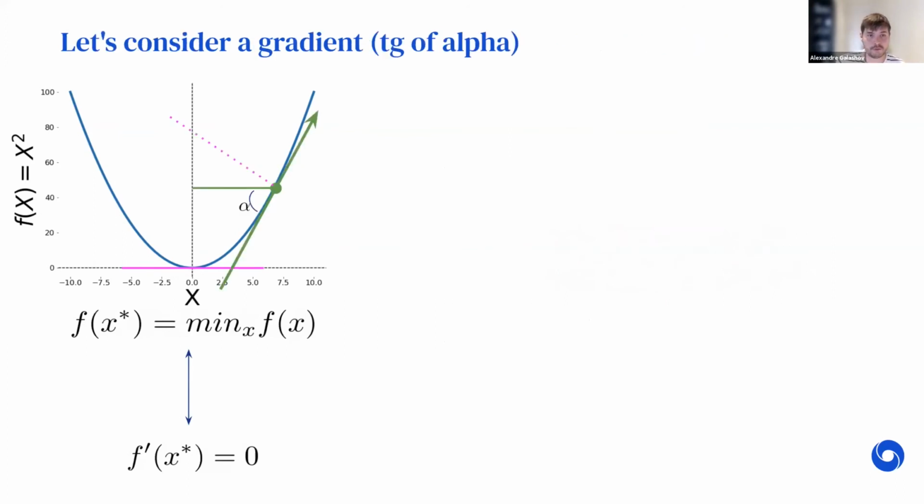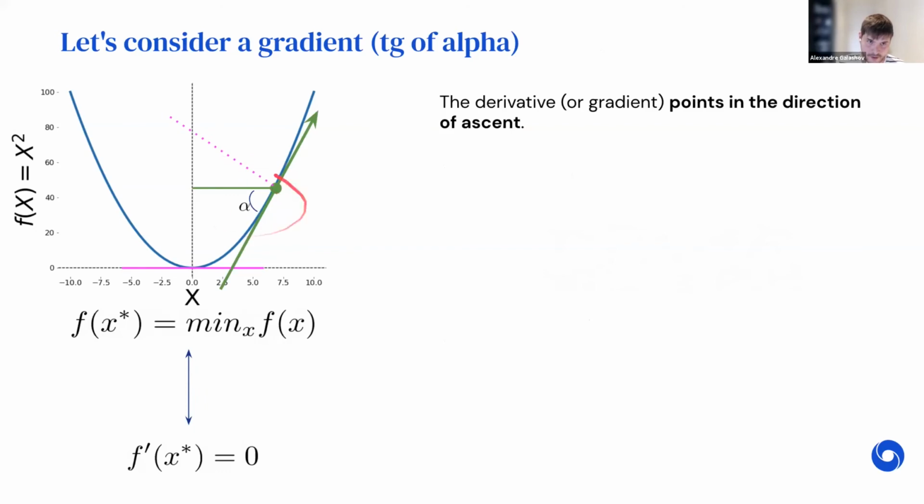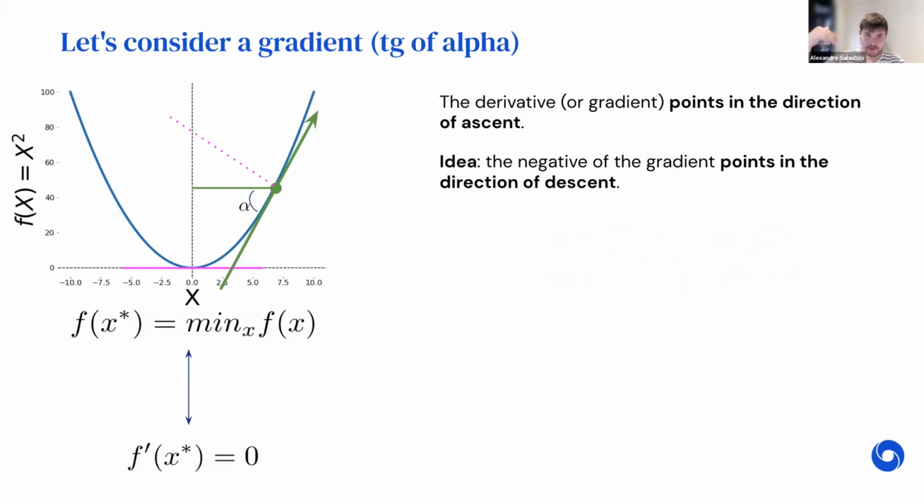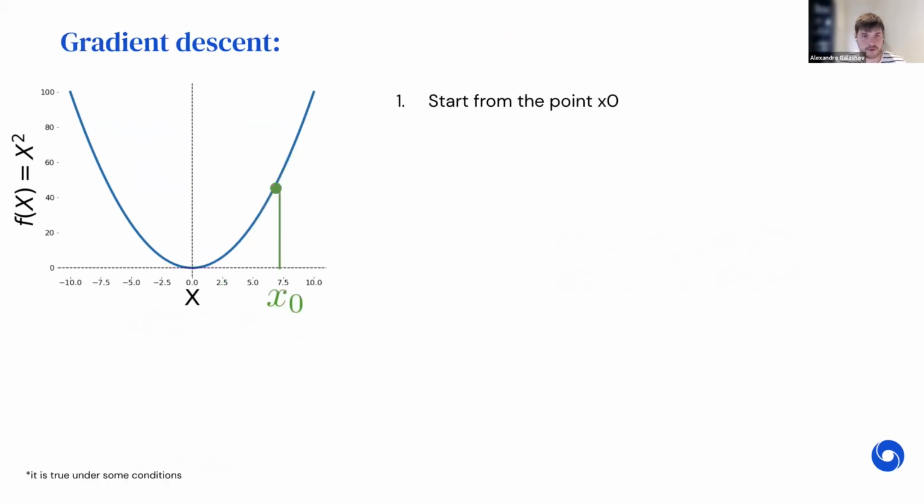So this is the approach we'll take for the gradient descent. In particular, just before that, at any point on the graph, the gradient will point to the ascent of the function. If the gradient points to the ascent of the function, the negative of the gradient points to where the function decreases in value. This is true for convex functions. So the gradient descent will work as follows.